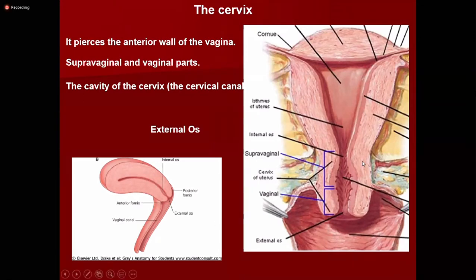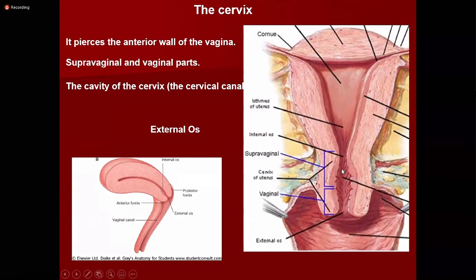So we will have part of the cervix intravaginal, inside the vagina, and we will have part that is supravaginal, above the vagina. So this is the cervix, the last 1 inch of the uterus. It has 2 openings, one to communicate with the cavity of the uterus, the body, and one that opens to the outside.